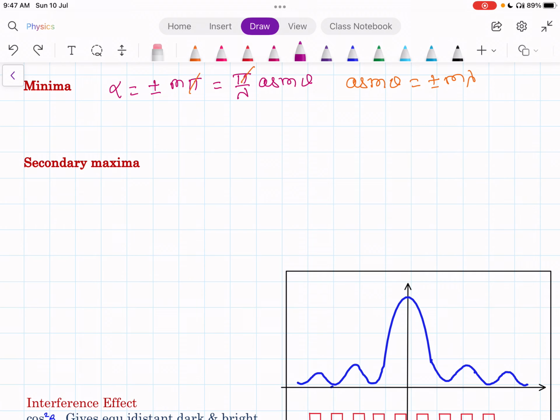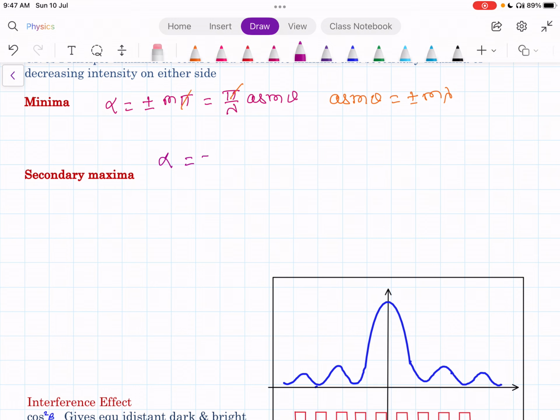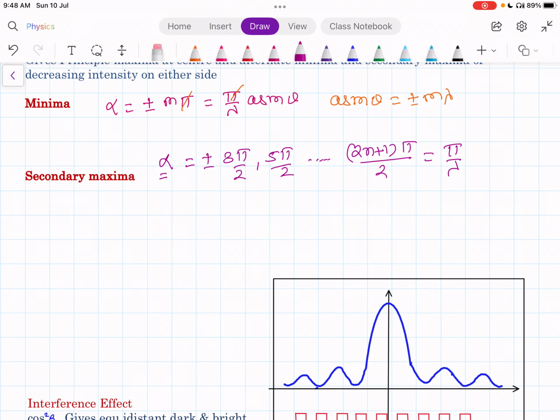For secondary maxima, the condition is that alpha is equal to an odd multiple of pi by 2. So it is plus minus 3 pi by 2, 5 pi by 2, or you can say 2n plus 1 pi by 2. That is alpha, where alpha is pi by lambda a sine theta.